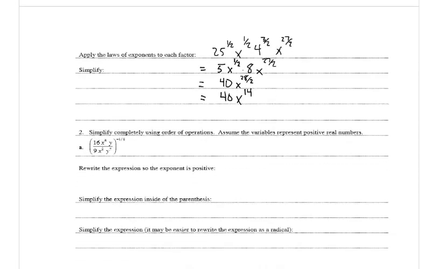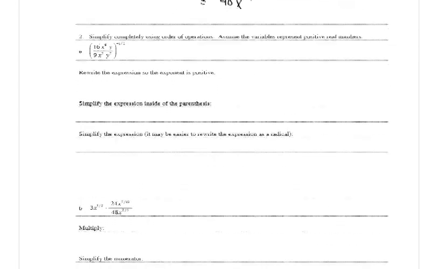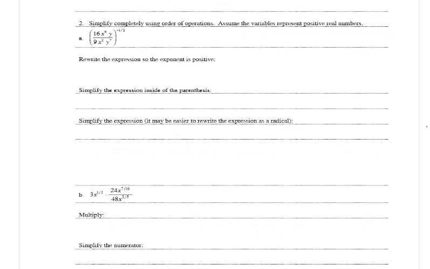In 2, it says, simplify completely using order of operations. Assume the variables represent positive real numbers. And in A, we have 16x to the 6th times y divided by 9x squared y to the 7th, and all of that raised to the negative 1/2.